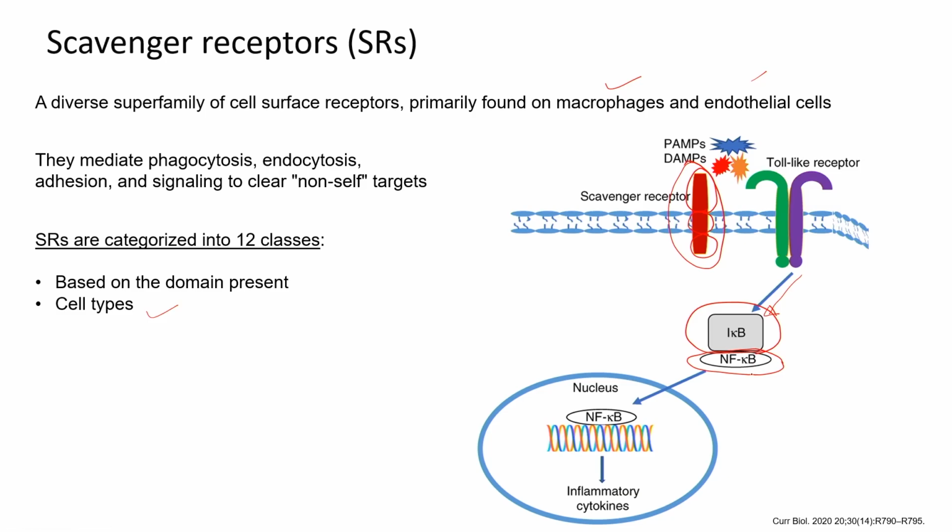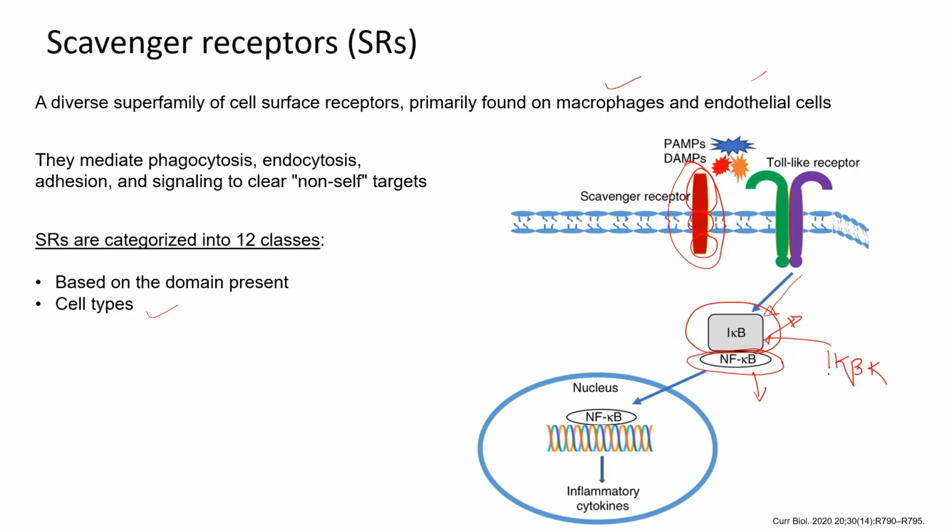So to make NF-kappa B free, we need to remove this inhibitor from NF-kappa B, and to do that we need to phosphorylate the inhibitor of kappa B. We have another protein available in the cytoplasm called inhibitor kappa B kinase.